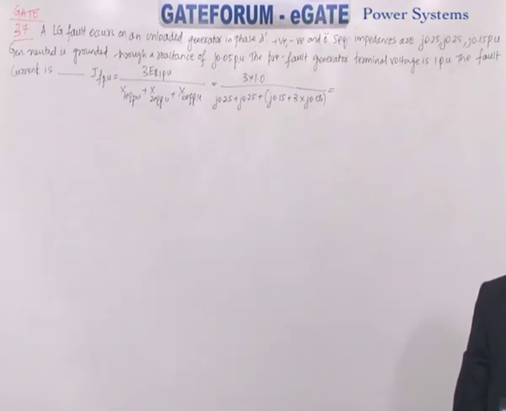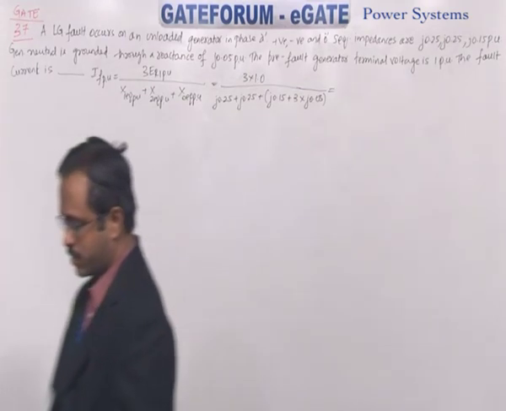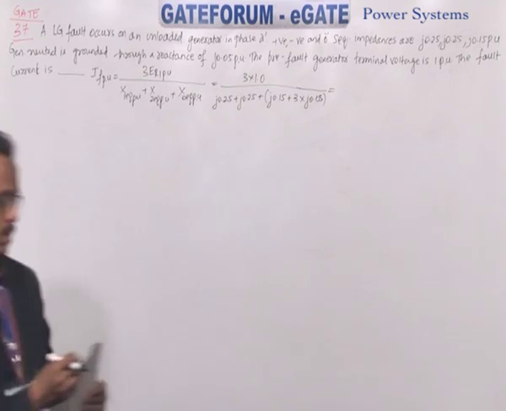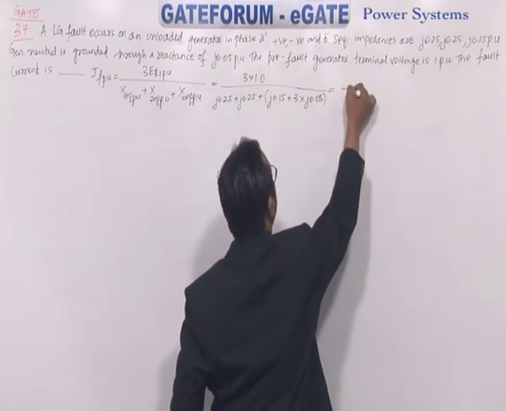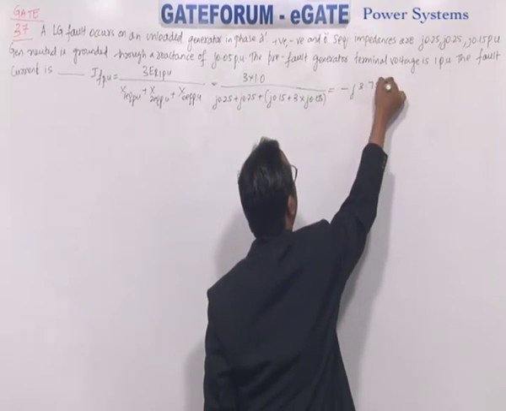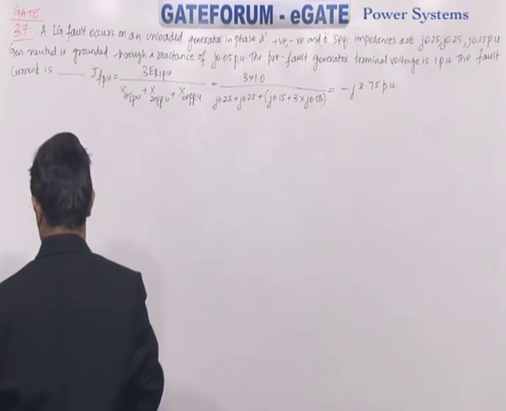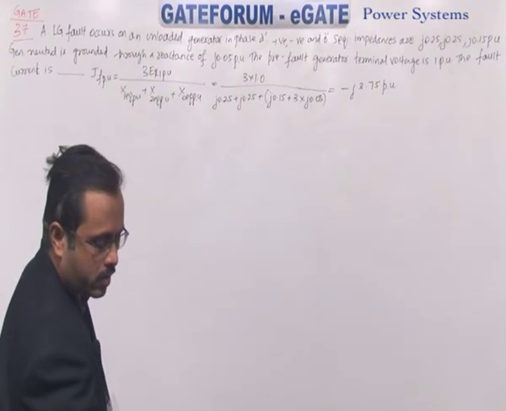It is X_R0 plus 3Xn. So on simplifying, this is the answer you get. How much do you get? Minus j3.75 per unit.